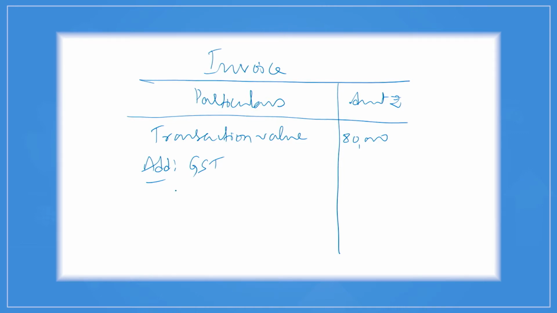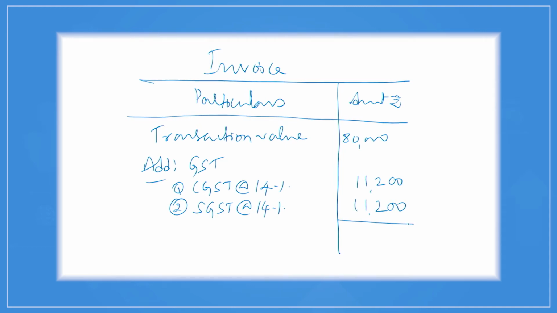GST here at 28%, that is 14% CGST, that is 11,200. SGST at 14%, that is 11,200. Then the price is 1,02,400. This is the invoice price.